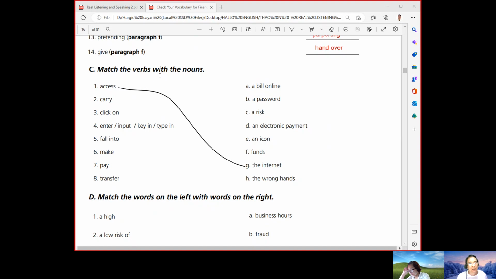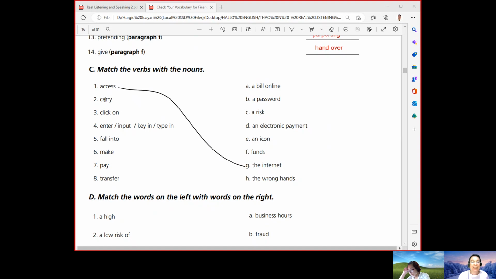We are going to match the nouns on the right side. Nouns are from A up to H. Number one has been given to us. If you're talking about access, that means we need to have access to the internet.